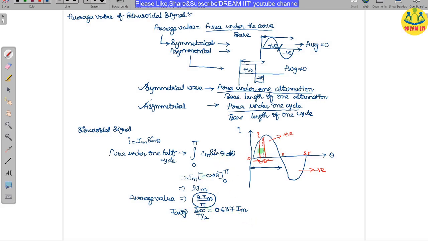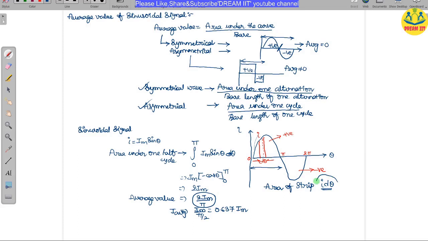Then you may have a doubt: why did we take this strip? The strip is used to calculate the area of the strip, which is the length i times d theta.